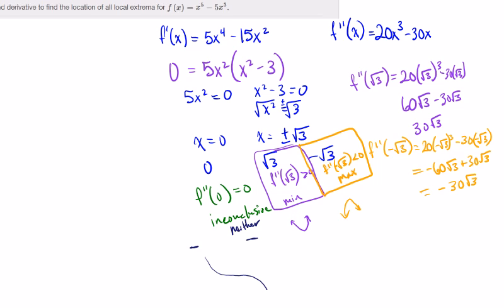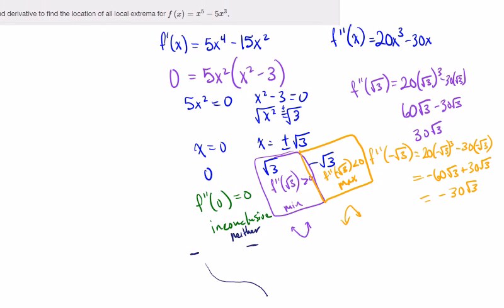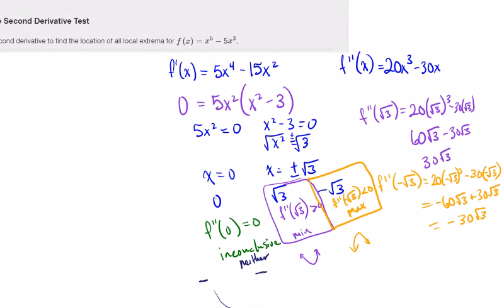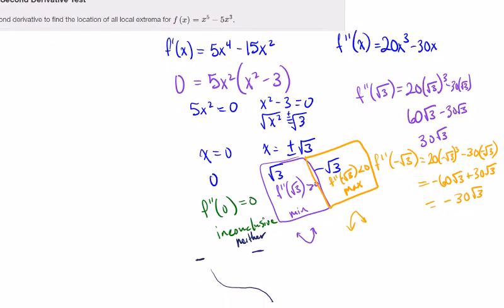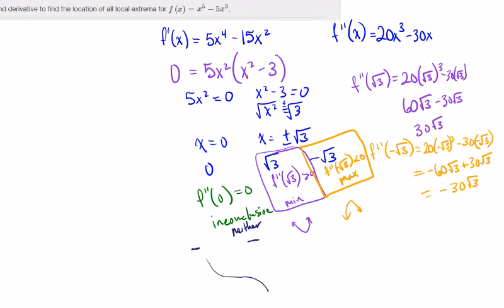For me, the second derivative test just feels a little better, and it's my preference. But your preference can be totally different. You can like the first derivative and use that in place of the second derivative test if you'd like, for sure. So either one, you can use them both. Sometimes you might need them both, like we saw here.